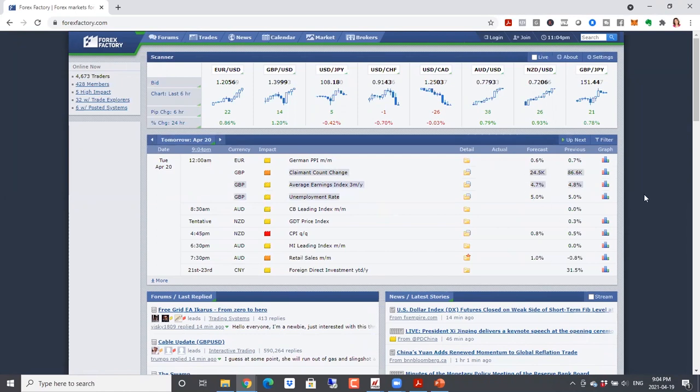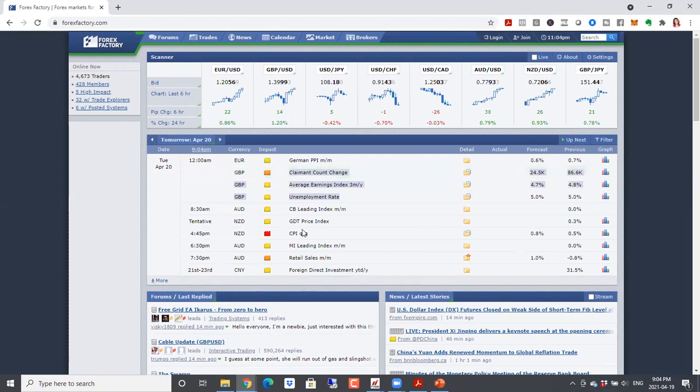If the employment numbers come in well, so let's say the average earnings are okay, but the employment rate is good, and the number of claimants has gone down, that is a good thing. And we are likely to see the British pound go up as a result.